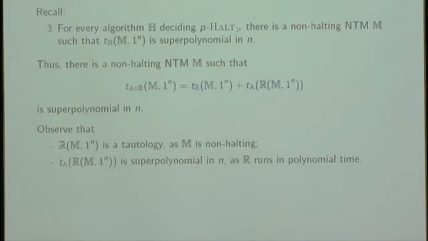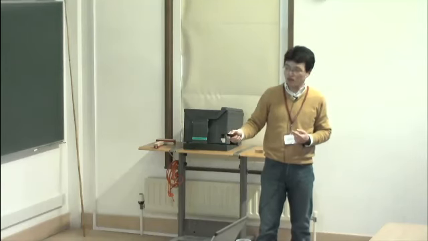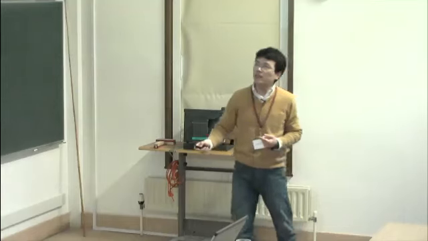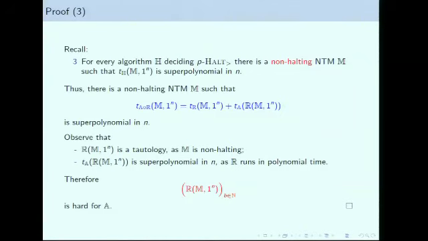As a result, the instance R(M, 1^n) produced by the reduction is a tautology because M is non-halting. And second, the running time of your algorithm A on the instance produced by the reduction is superpolynomial in n, because R is a polynomial time reduction. Altogether, the instances produced by your reduction on all M, 1^n, where M is a fixed non-halting machine, give you a hard sequence of instances for your algorithm A.